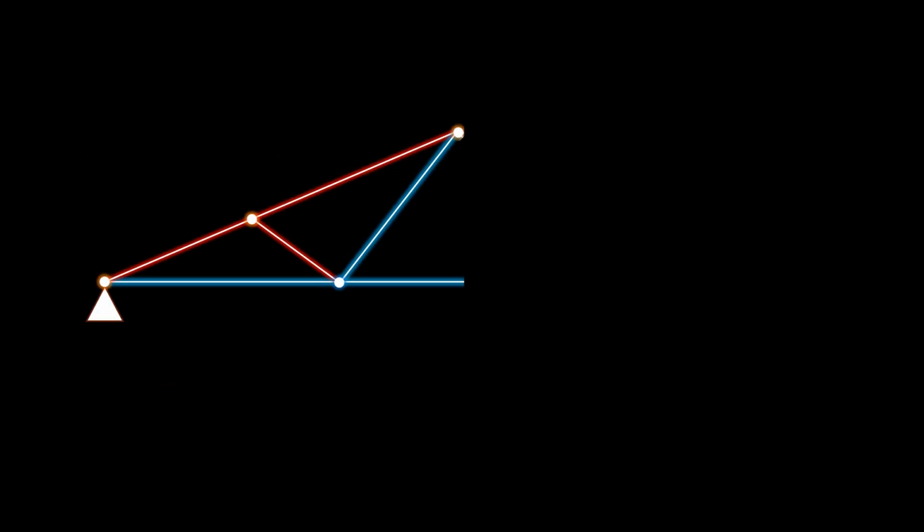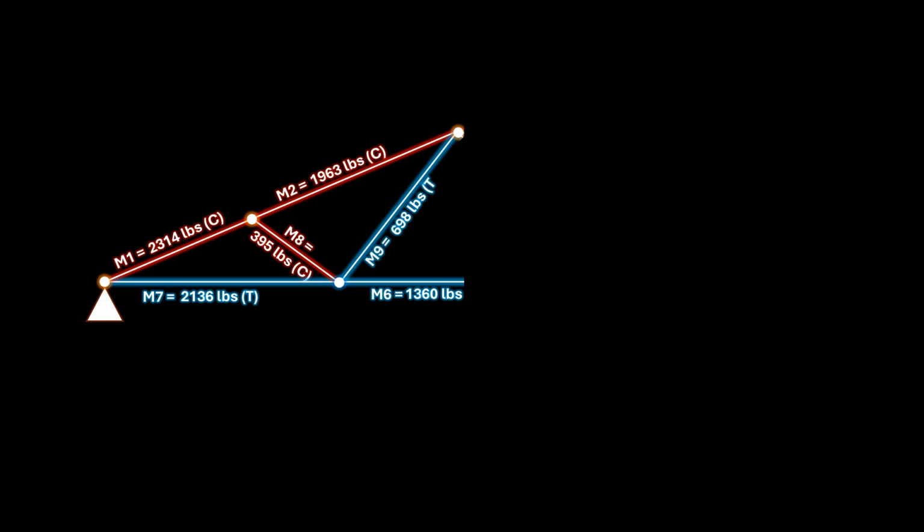In summary, we have determined that member 1 has 2,314 pounds of compression force, member 2 has 1,963 pounds of compression force, member 6 has 1,360 pounds of tensile force, member 7 has 2,136 pounds of tensile force, member 8 has 395 pounds of compression force, and member 9 has 698 pounds of compression force.